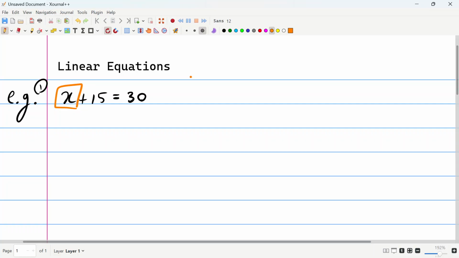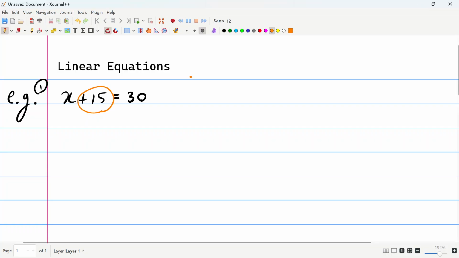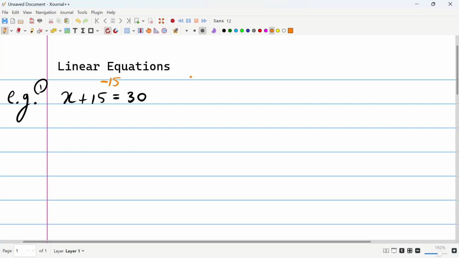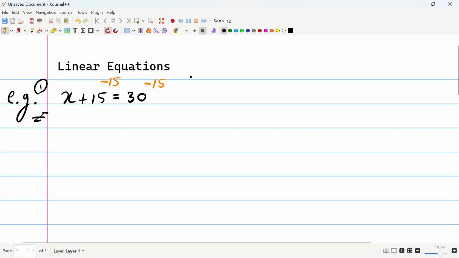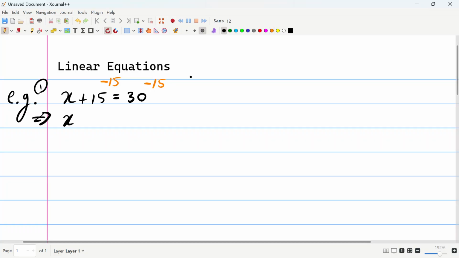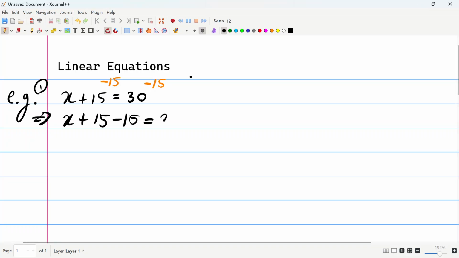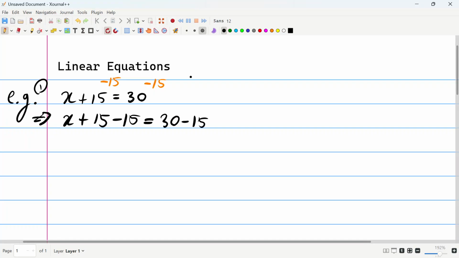So what we can do here is minus both sides by 15 so that we can get rid of this 15. If we minus 15 here and minus 15 there, we get x plus 15 minus 15, which is equal to 30 minus 15. Notice that 15 minus 15 gives us 0.